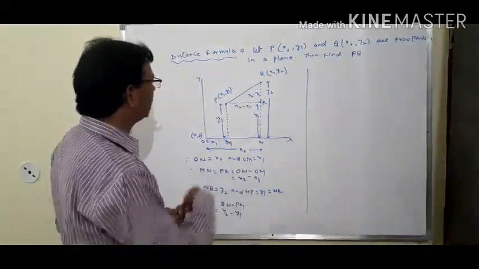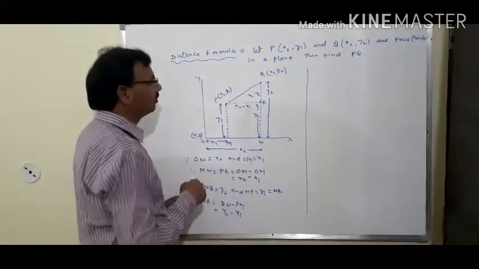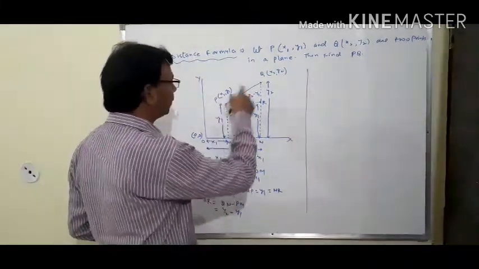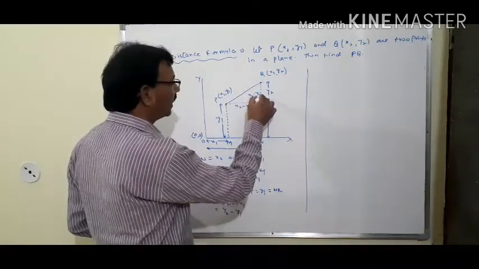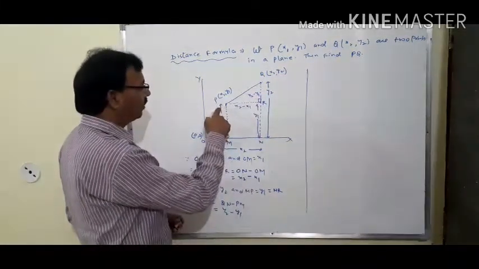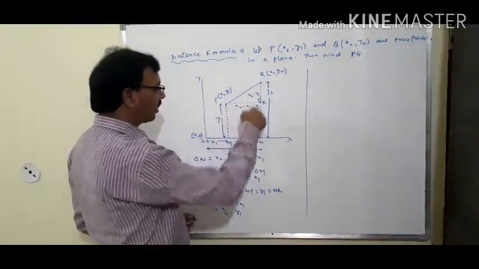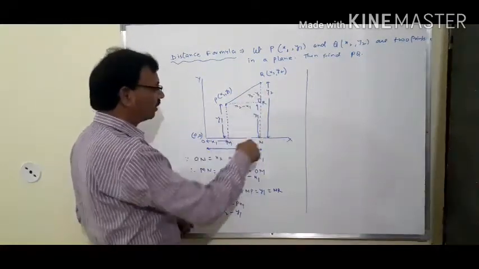Now we want to find the length of PQ, the distance between P and Q. This angle is 90 degrees because from P we have drawn a perpendicular on QN.